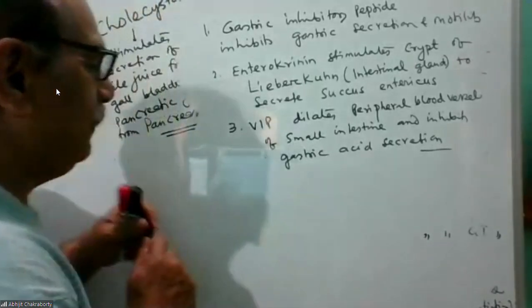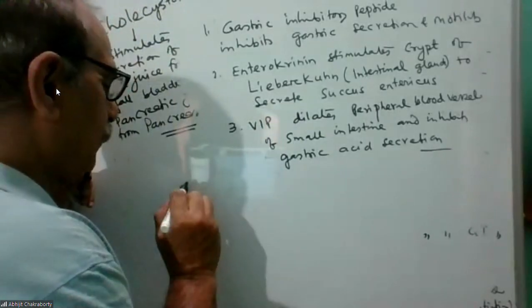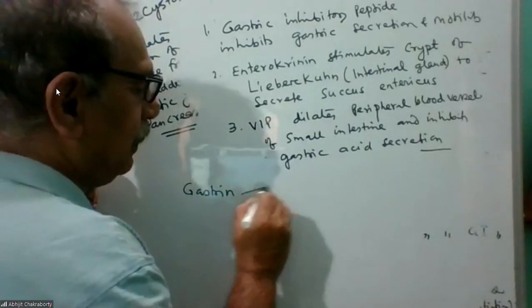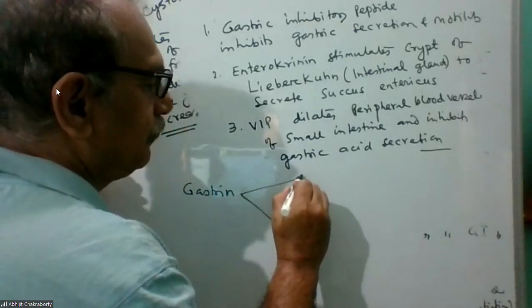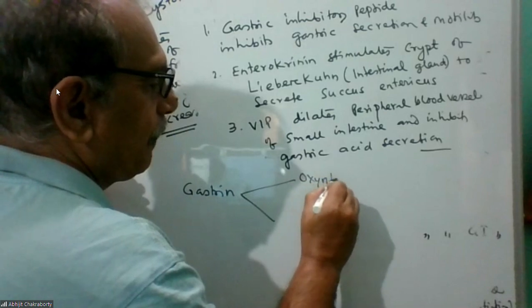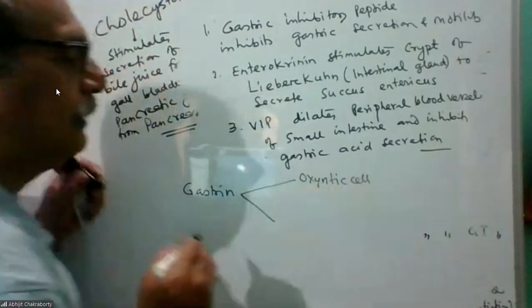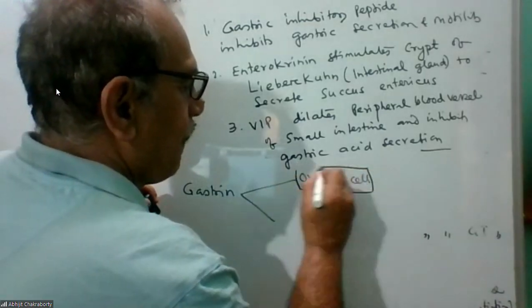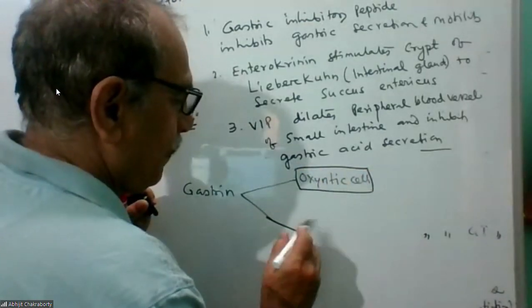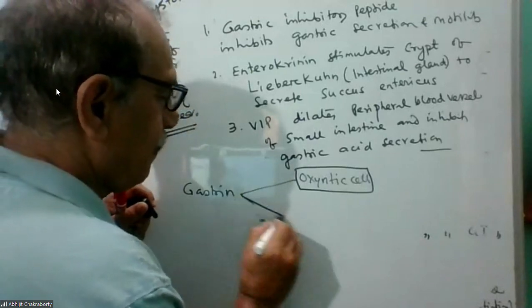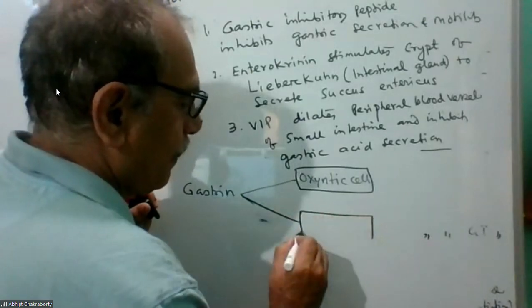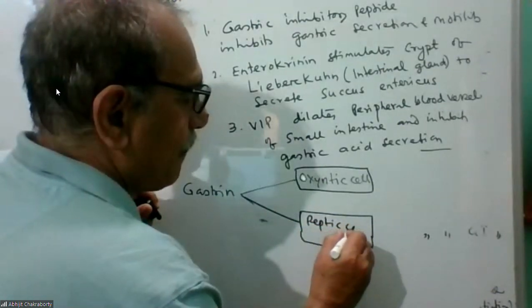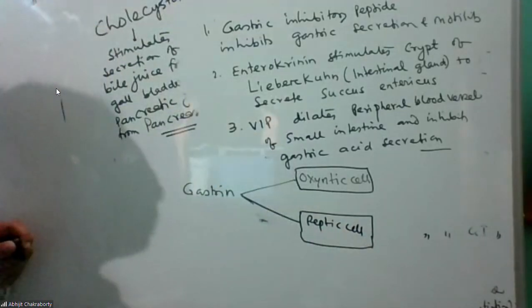That means gastrin stimulates oxyntic cell and peptic cell.